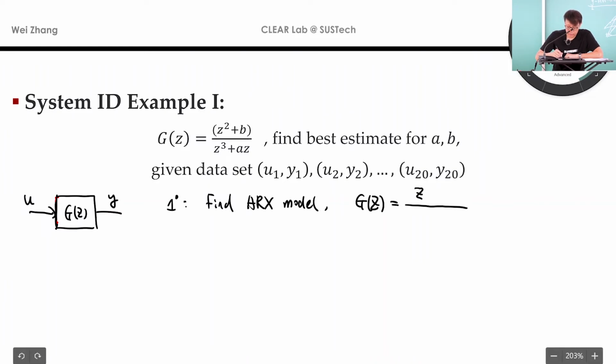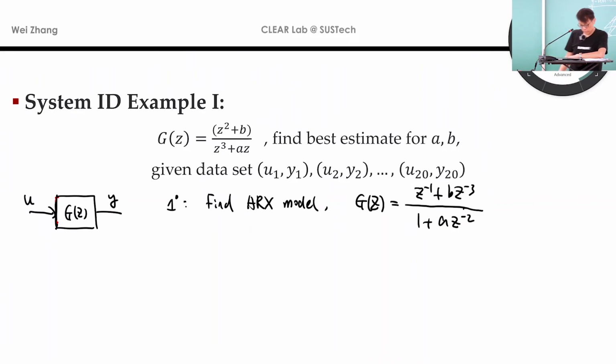So I'll have z inverse plus b z negative 3, over 1 plus a z negative 2. I want to have it backward. Correct?